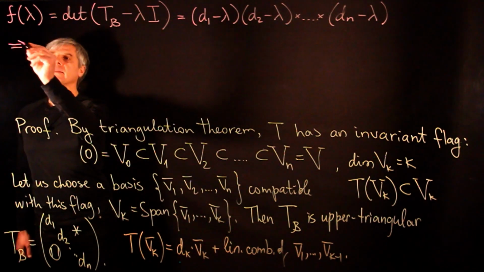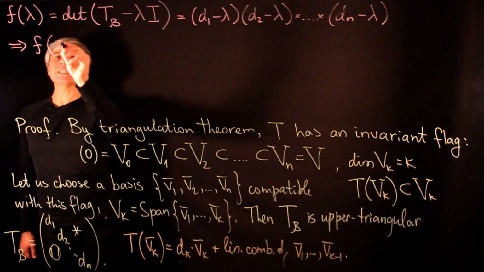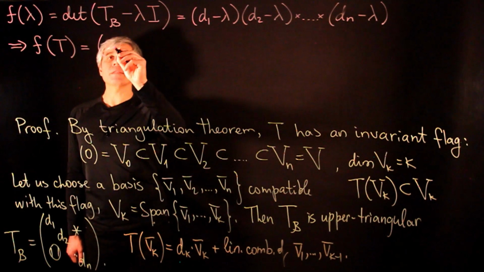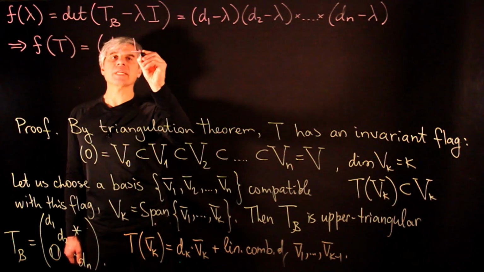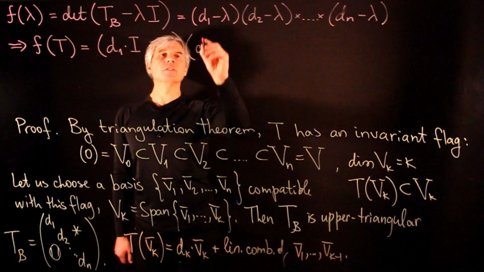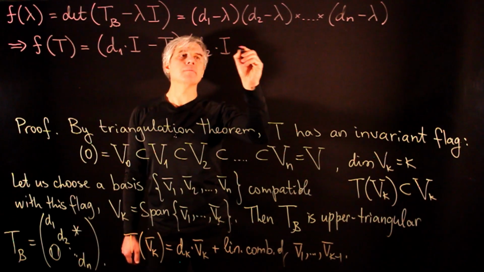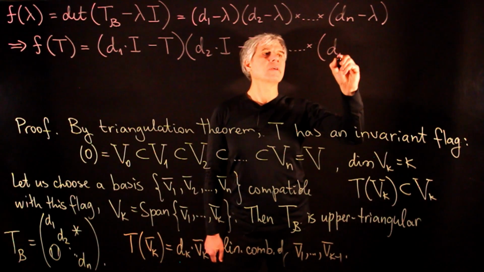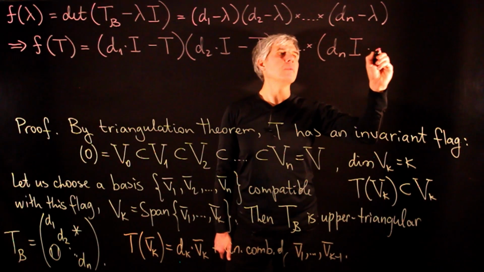Then we get what is f evaluated at T. So this will be the following product of matrices: (d1 times identity minus T) times (d2 times identity minus T) times ... times (dn times identity minus T).